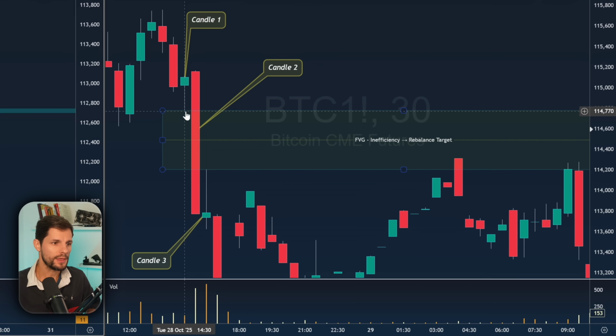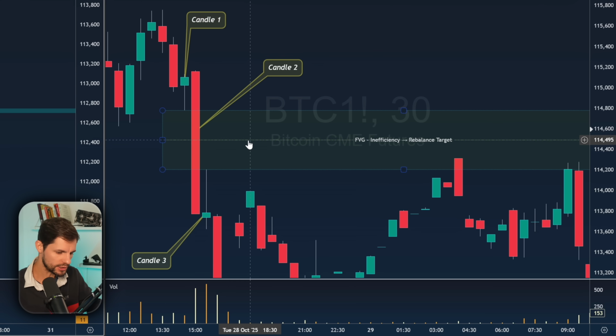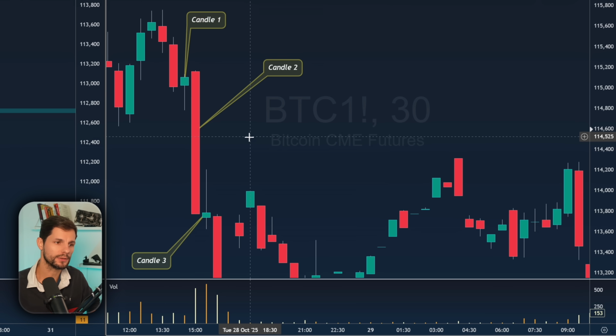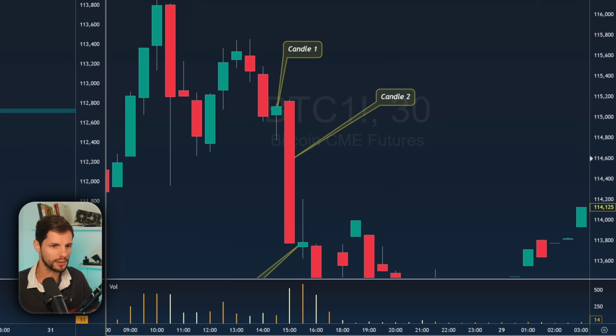Right, so the low of candle 1, you can see there, is obviously higher than the high of candle number 3. So you have in between this price action here a gap. If I just delete this and remark it so that you can see it on naked price action, let's just zoom in a little bit.